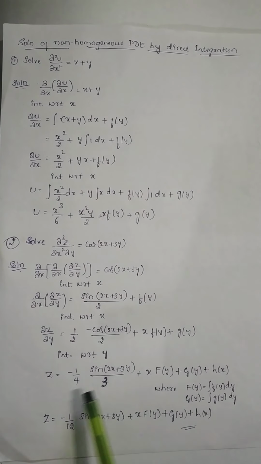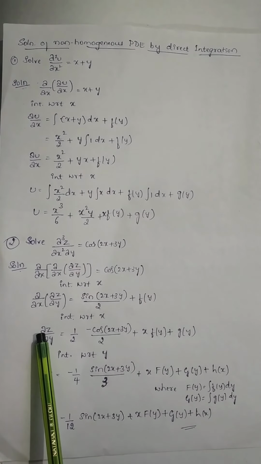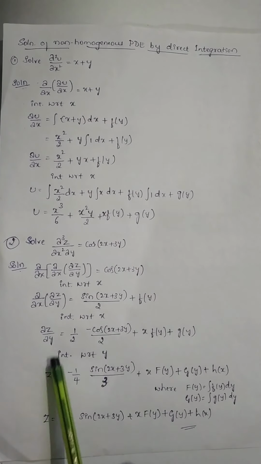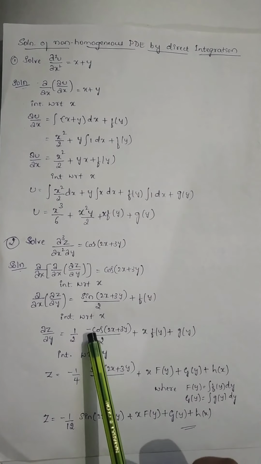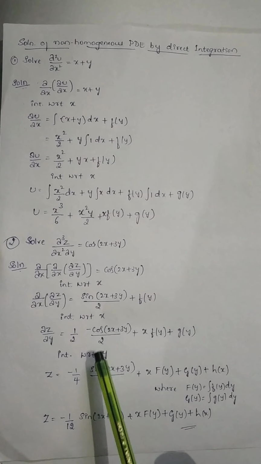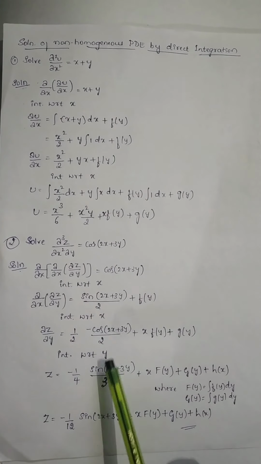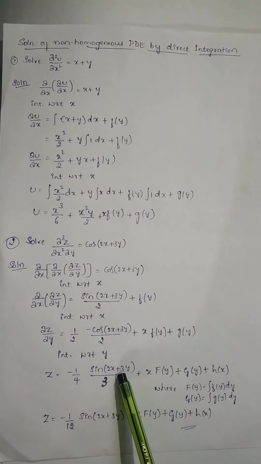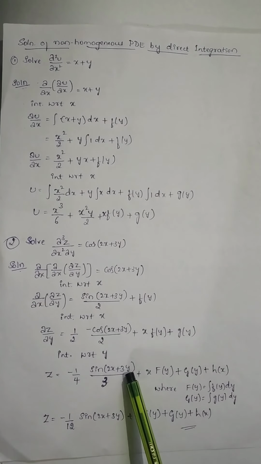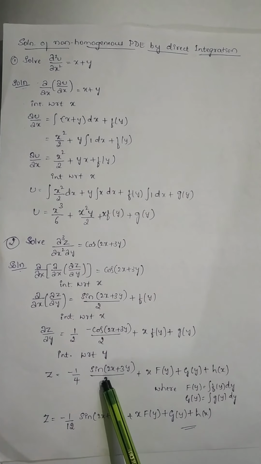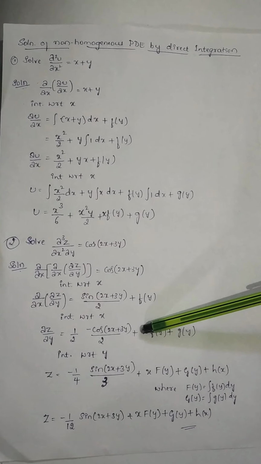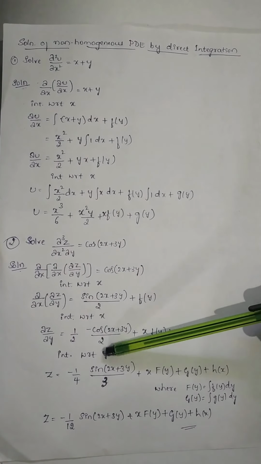And in the next line, to remove del by del y, you are integrating with respect to y. So on the left hand side you will get z equal to minus, 1 by 2 into 1 by 2 will be 1 by 4, and integration of the cosine function will be sine, and the terms inside the bracket as it is, divided by the coefficient of y. The coefficient of y is 3, so divided by 3, plus here x will be constant as you are integrating with respect to y.